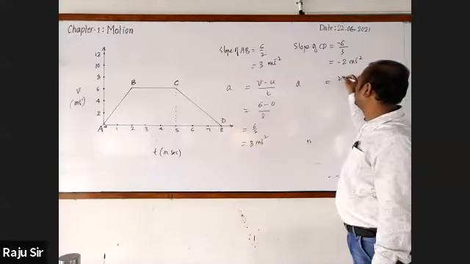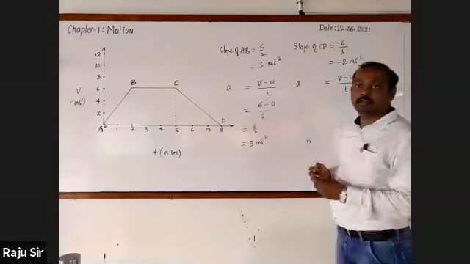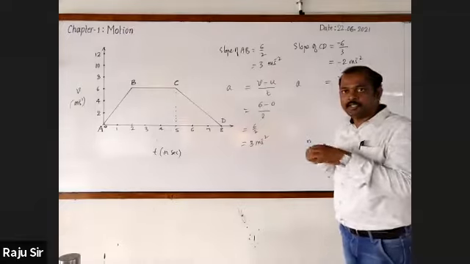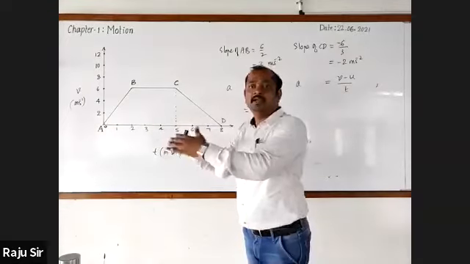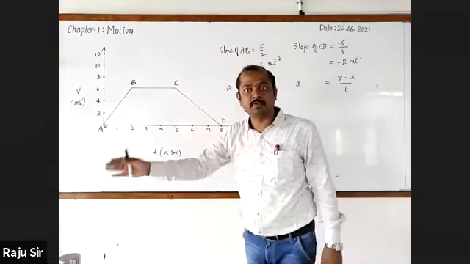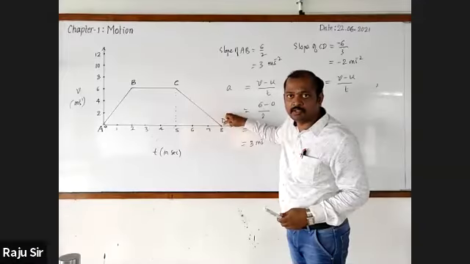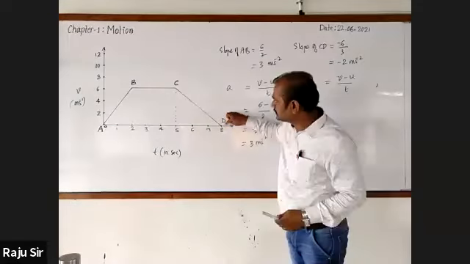Or you may go for using the formula that is A equal to V minus U by T. Here, once the body is decelerating, means if it is decreasing its speed, finally its velocity will be 0 when it comes to rest. The body has come to rest at point D. Final velocity is 0.